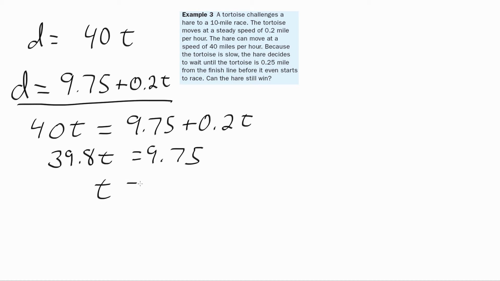So t, if I divide both sides by 39.8, would be about 0.2444975, and this is hours.